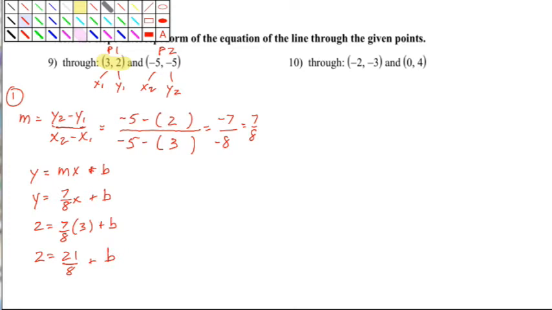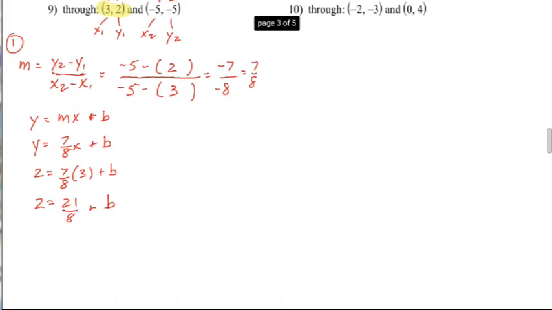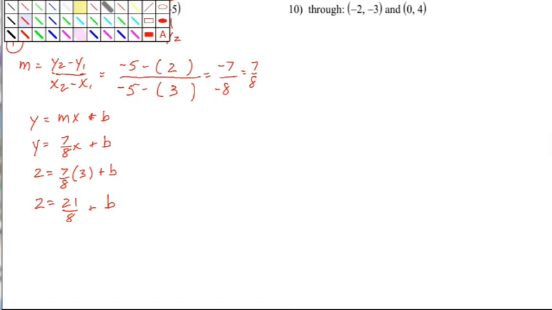In order to solve this, I have to subtract 21 over 8 from both sides to get b by itself. And I get 2 minus 21/8 is equal to b.